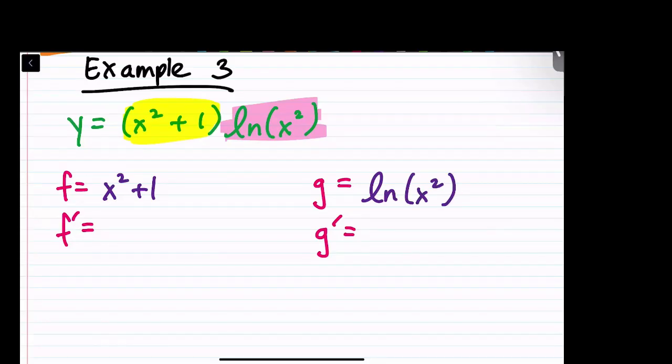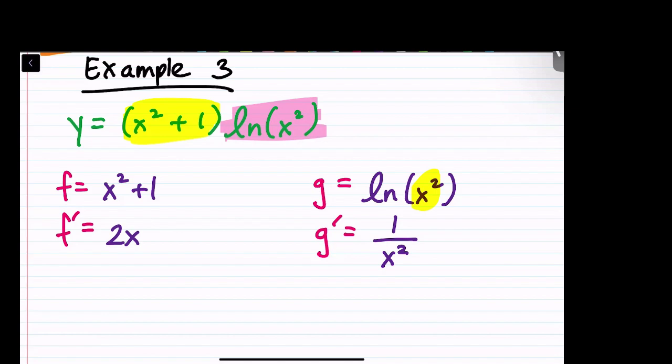The derivative of x squared plus 1 is straightforward because we're simply using the power rule, so that is going to be 2x. Now, the derivative of the natural log function, you're going to have to memorize this. That is going to be 1 over the inside function, whatever is inside the parentheses. And because our inside function is something more complex than just x, we're going to have to use the chain rule.